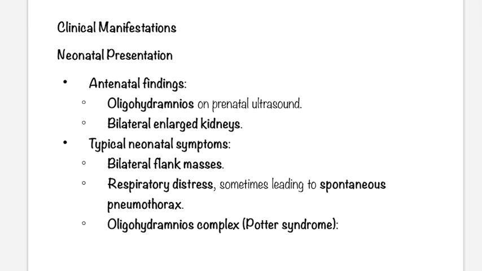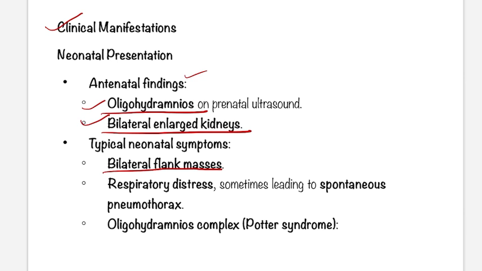So what are the clinical manifestations? In a neonate, a newborn baby presents with bilateral flank mass. From antenatal findings, there is oligohydramnios and bilateral enlarged kidneys. If you are seeing a USG report of a mother with oligohydramnios and bilateral enlarged kidneys, just keep in mind autosomal recessive polycystic kidney disease.